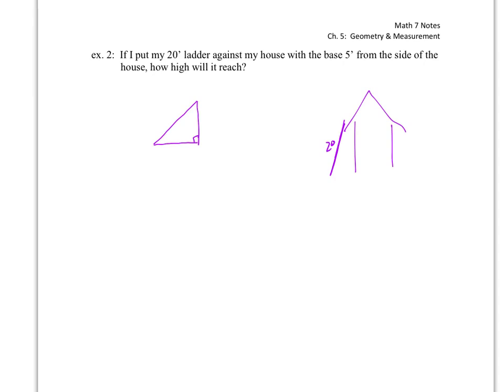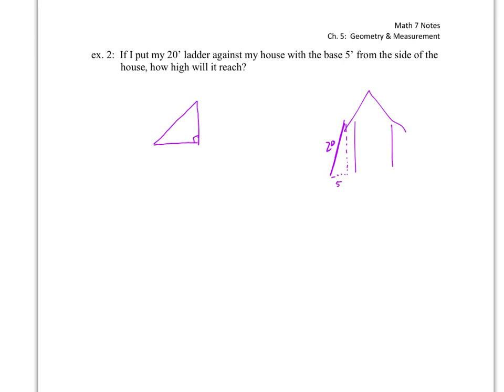So what other part of the triangle is the 5? From the side of the house, it's 5 feet out. So that'd be this one.